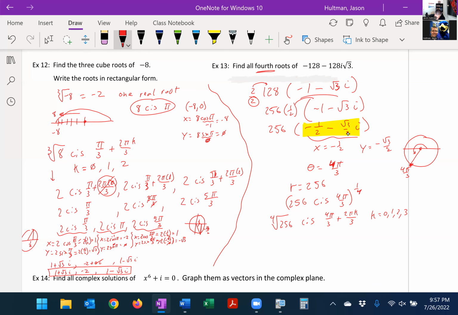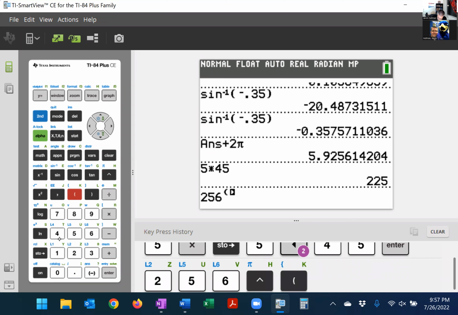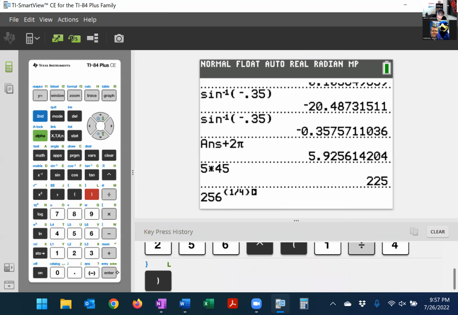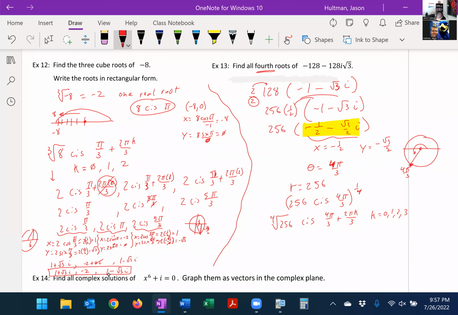So let's start with the 4th root of 256. If I take 256 and raise it to the 1/4 power, I get 4. So this is going to be 4 cis of 4 pi over 3 plus 2 pi k over 3.